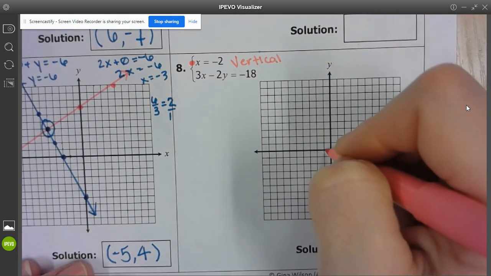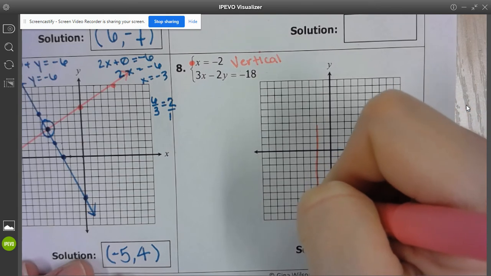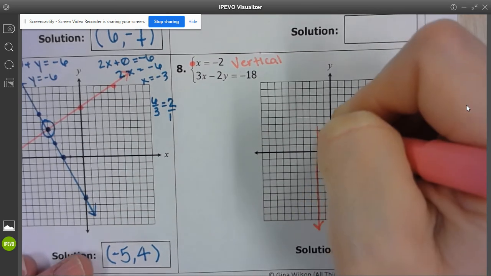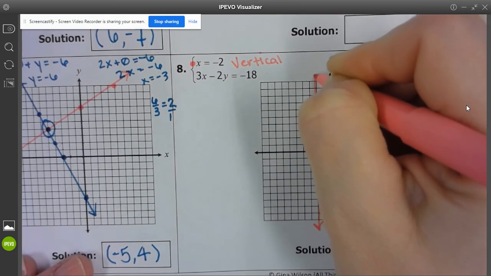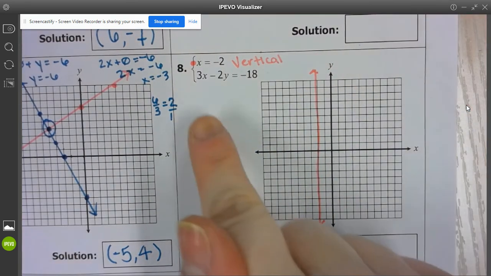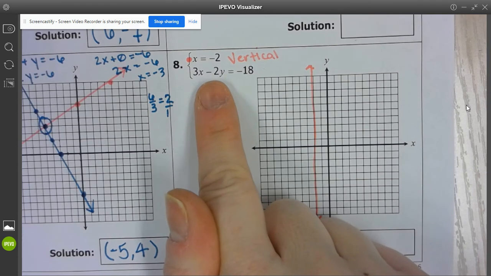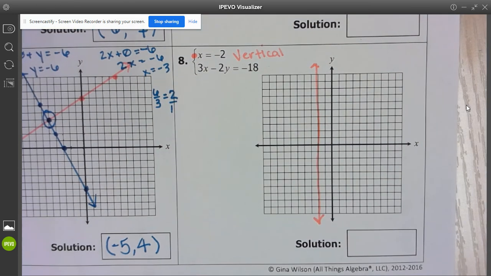So I would go to where x is -2, and I would have a vertical line here, like so. And then it's your mission to determine, can I leave this in standard form and get my x and y intercepts, or do I need to do slope-intercept form?